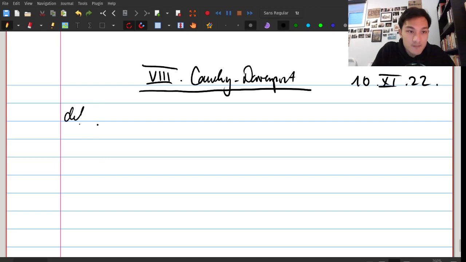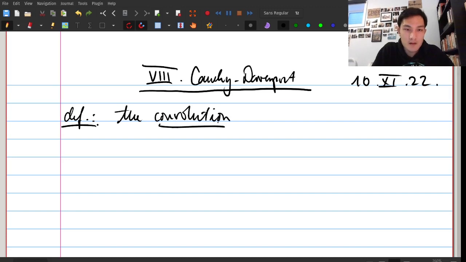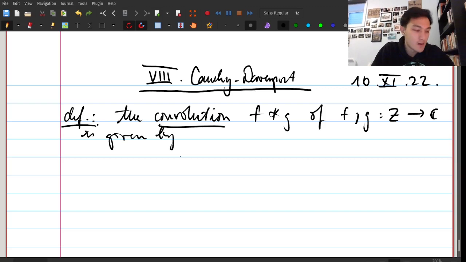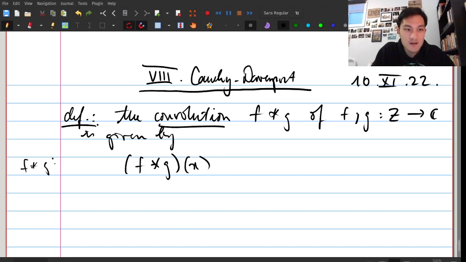So, definition: the convolution f star g, where f and g are both functions from some abelian group Z to the complex numbers, is going to be a function from Z to the complex numbers as well.